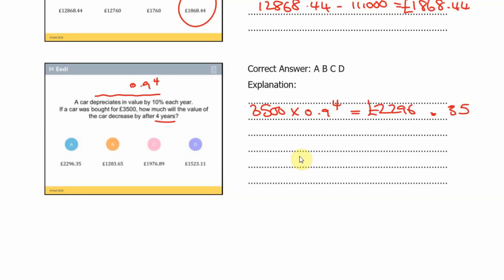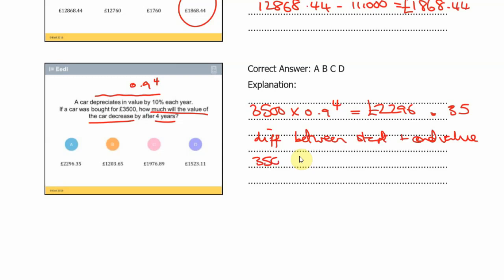That isn't our answer though, and I think that's where a lot of us tripped up. It's asked us, how much will the value of the card decrease? Not what is the value after it decreases, but how much will it have decreased by? So we want to find the difference between the start and the end value.